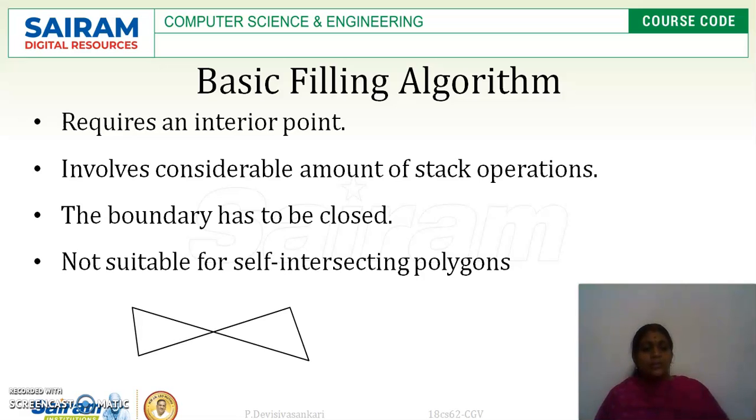It is a continuous operation, so it involves a large amount of stack operations also. The main constraint is that the boundary should be closed, then only it is considered a polygon. There should not be any self-intersecting polygon. If all these conditions are satisfied, then we can apply the basic filling algorithm.